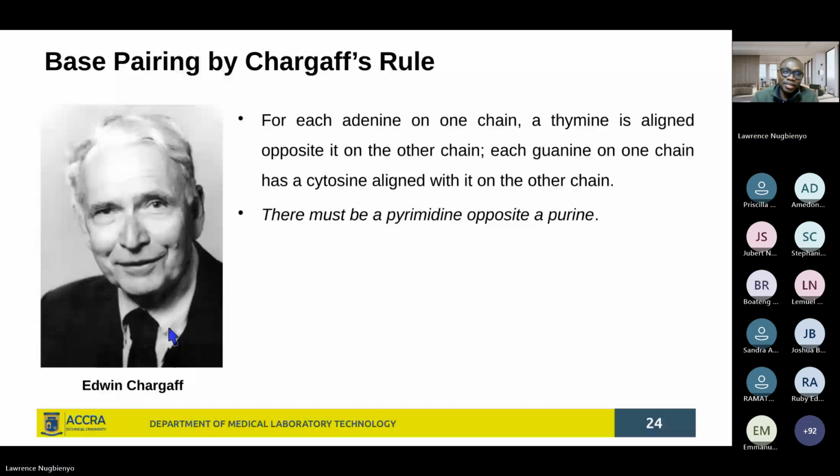Now, that also means that in base pairing, a purine should be binding to a pyrimidine.